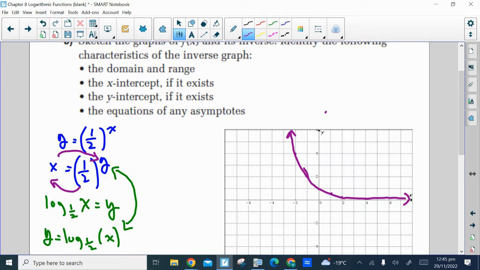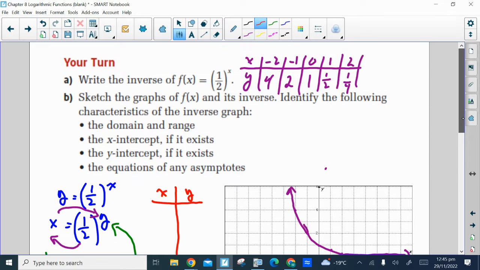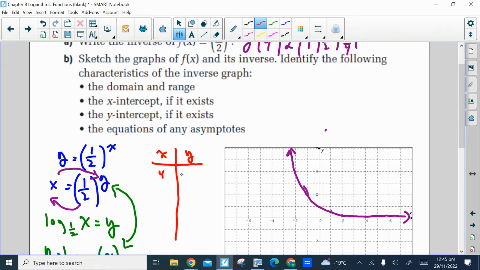So that's the graph of the original function. Now, the graph of the inverse. I can take the points on the original and just switch them around. Instead of negative 2, comma 4, it'll be 4, comma negative 2.